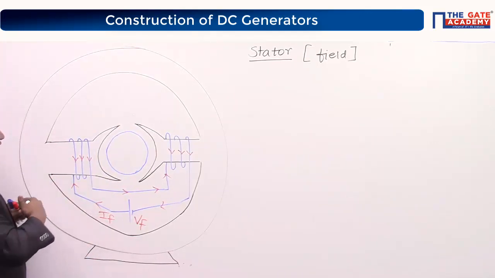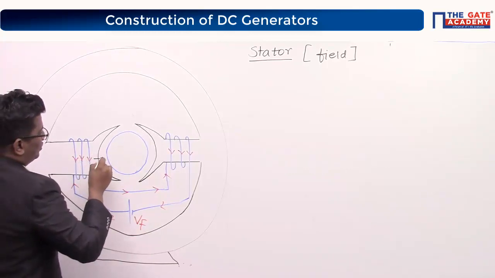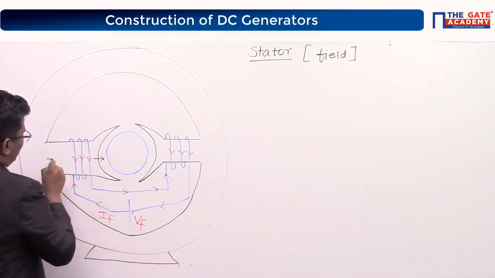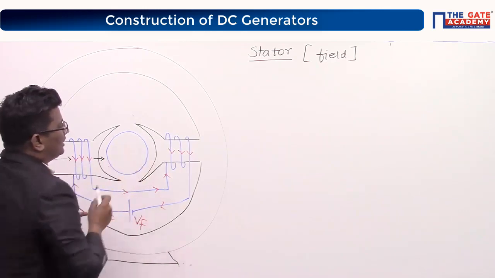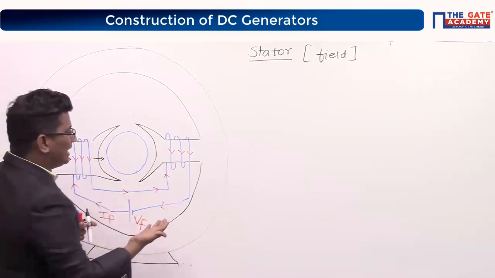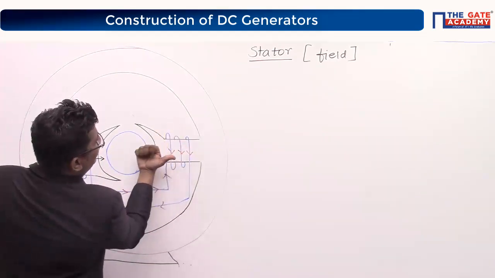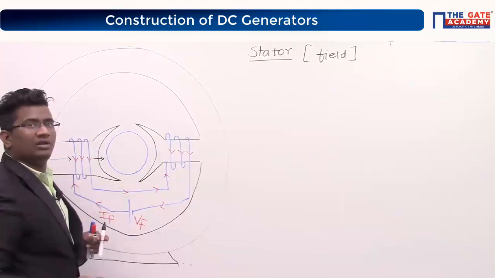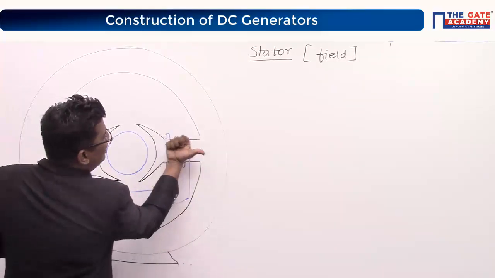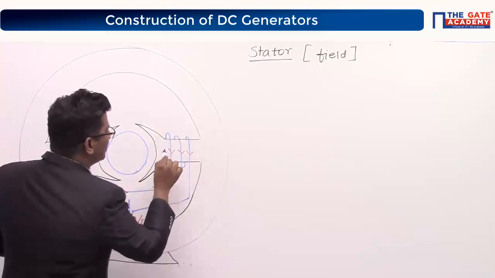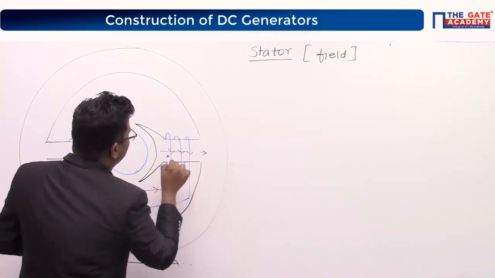Perfect. So flux is coming out from this. Here, what is the sense of winding? Same. Now again, flux is coming outside, right? It means here also the flux direction is like this.